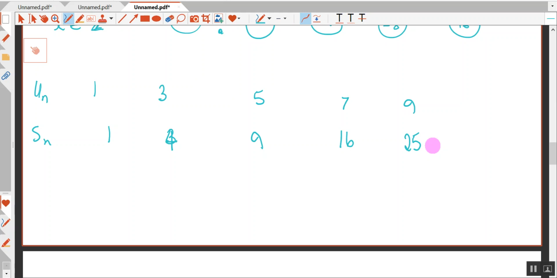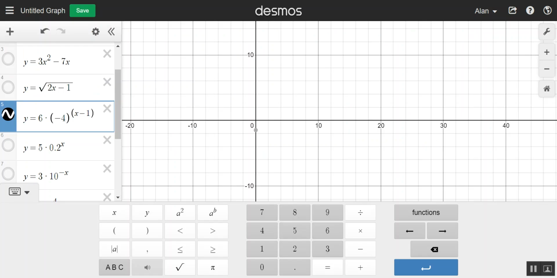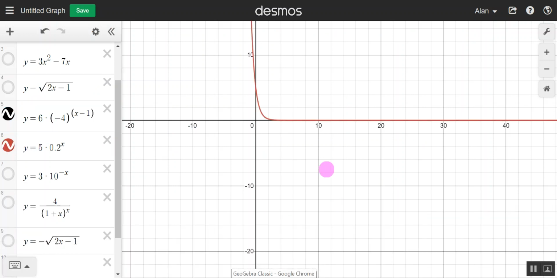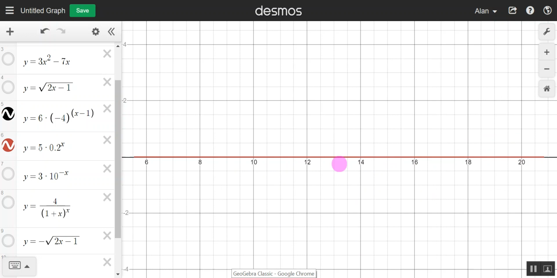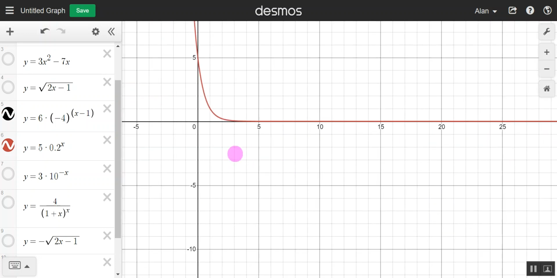Right, so we can't add up a certain number. So is there a situation where we could theoretically add up an infinite number of numbers? Not just half. Okay, so what we can do is we can see that in our graphs here, remember the red line shows me all the points that I will then add up.